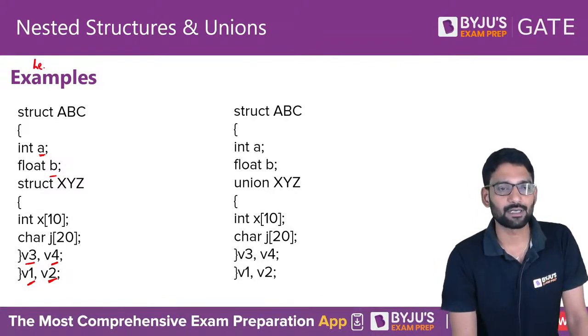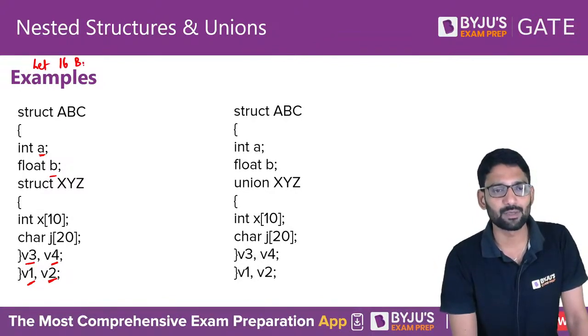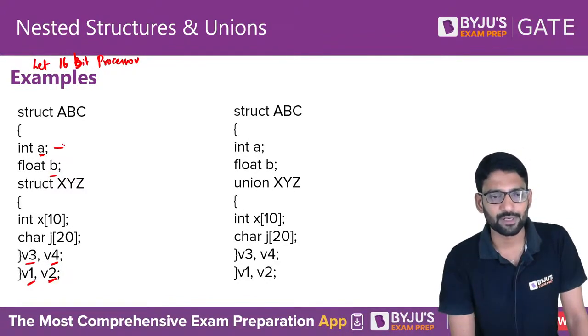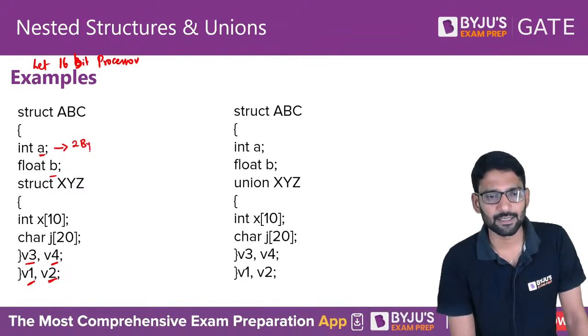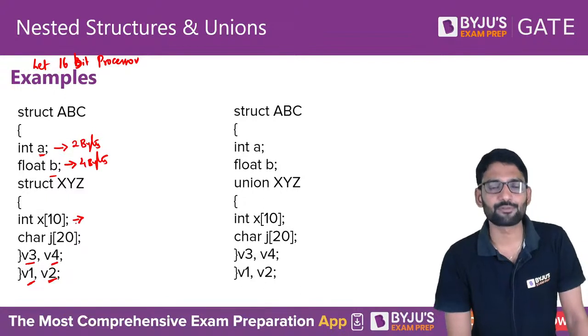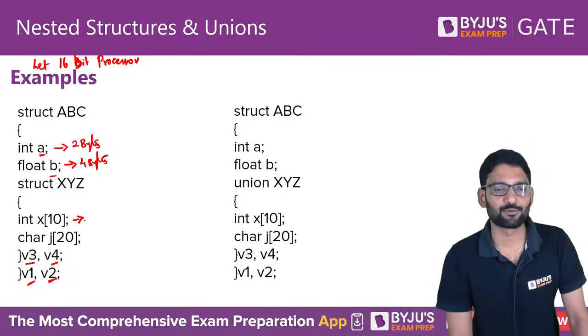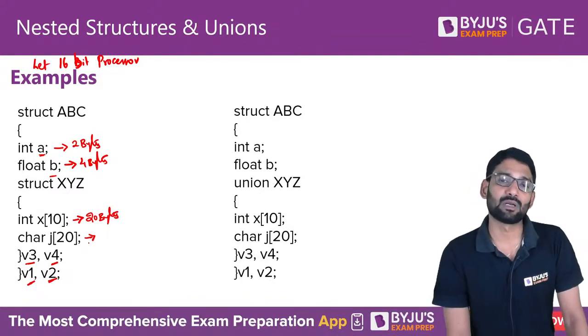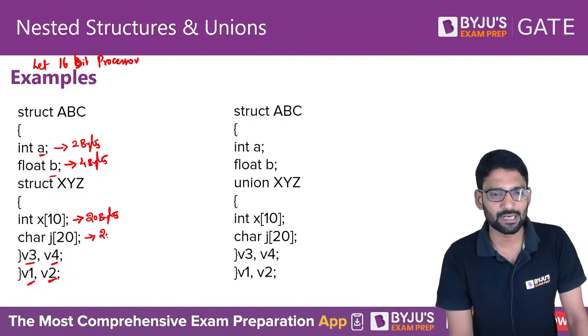So let us take the same 16-bit processor. If so, for A 2 bytes is allocated and for B 4 bytes allocated. For x of 10, for one integer 2 bytes, so for 10 integer 20 bytes allocated, and for one character 1 byte, so for 20 characters 20 bytes.